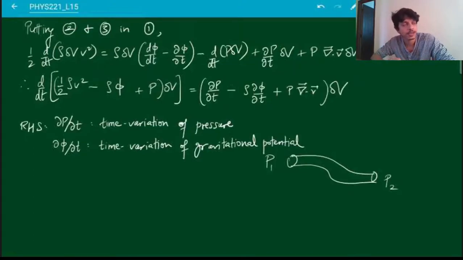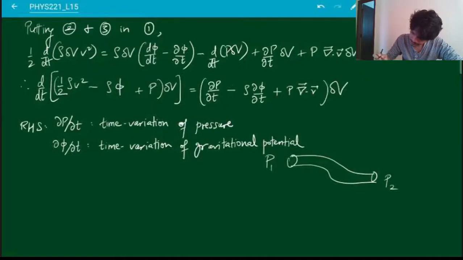Or if you're thinking about some astrophysical phenomenon like a supernova explosion, over there the gravitational potential can change with time. So in all such exotic phenomena, you can have a time variation of the gravitational potential. Here on Earth, I can't think of any reason why the gravitational potential might change with time. But anyway, this is one more generalization of Bernoulli's theorem. This equation works also if you're talking about a varying gravitational field.